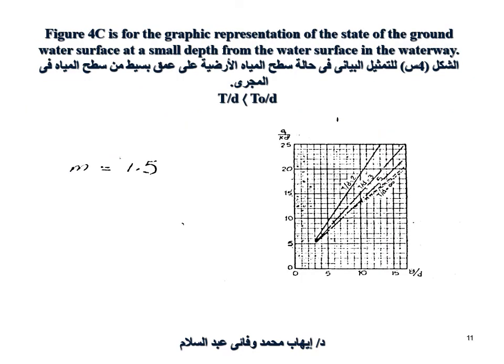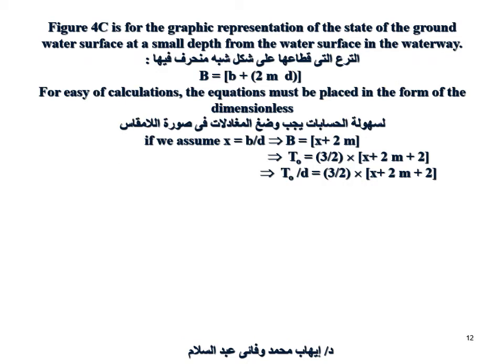This shape for figure C is for m equals 1.5, vertical q over KD, horizontal B capital over D, for different values of T over D. This is in the case T over D less than T naught over D. If there is a trapezoidal section, B over D equals B capital over D equals B plus 2MD.